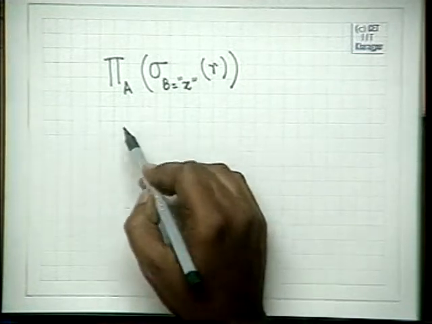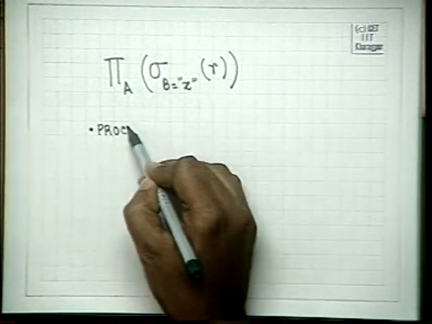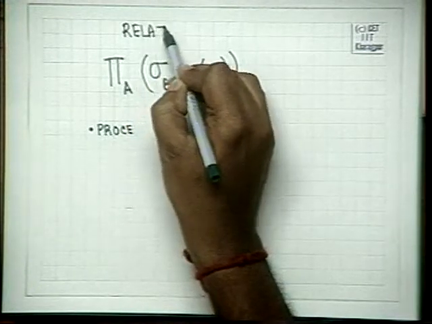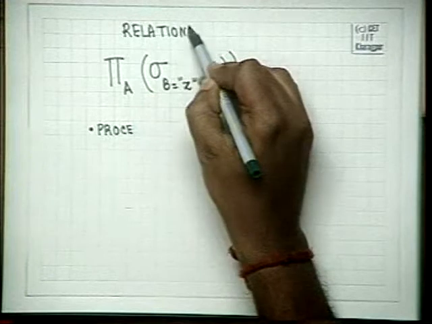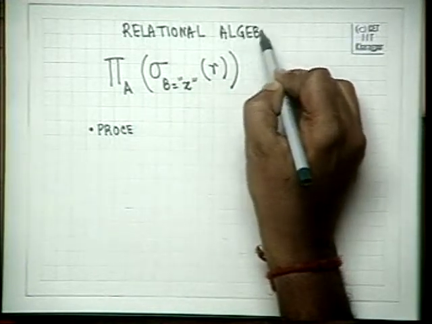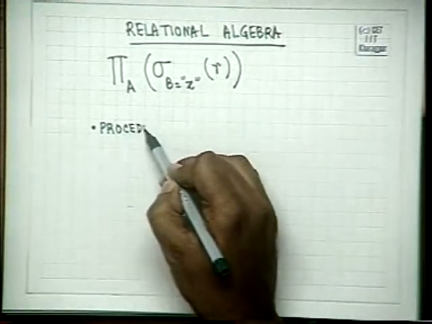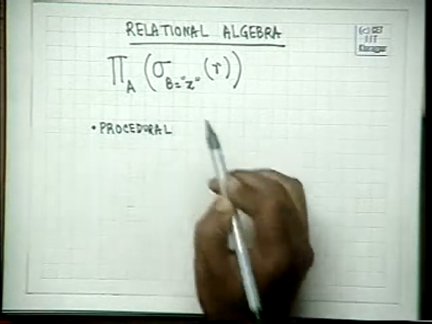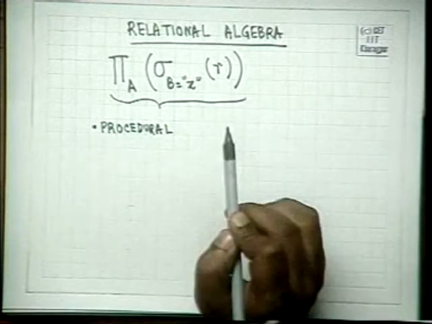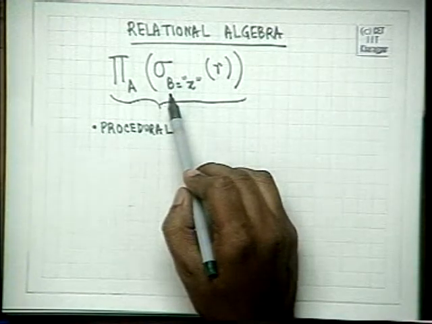Relational algebra has the property that it is in some sense procedural in nature. You have to not only specify the relation which is to be obtained, but you also have to specify exactly how you will obtain it.